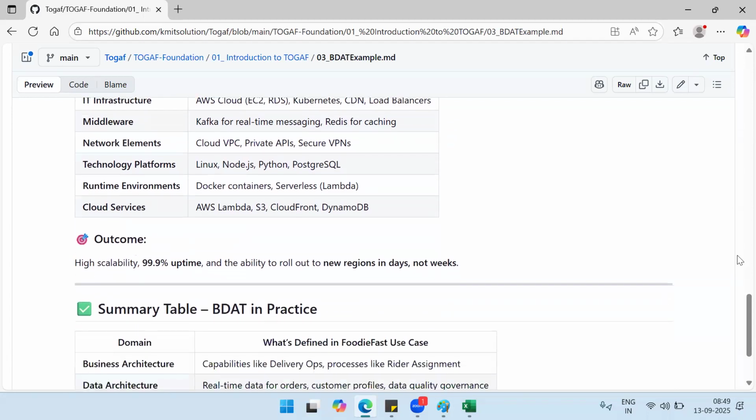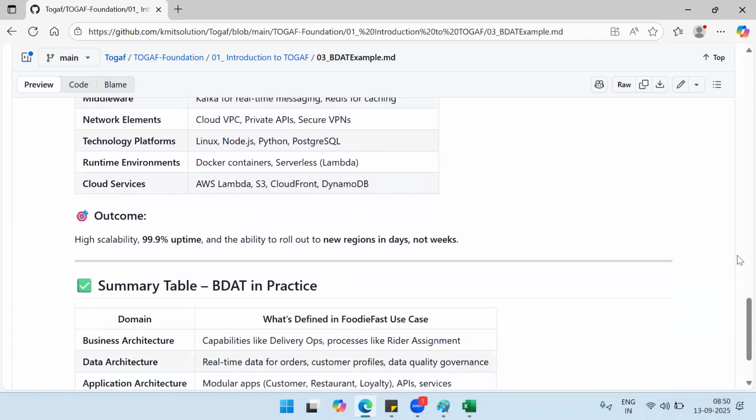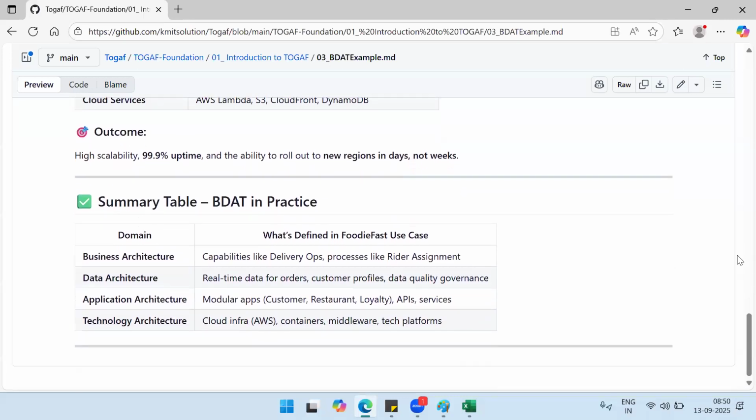So this comes under the technology domain: high scalability, 99 to 99.9% uptime, and the ability to roll out to new regions in days, not weeks. Okay, so this is the example.